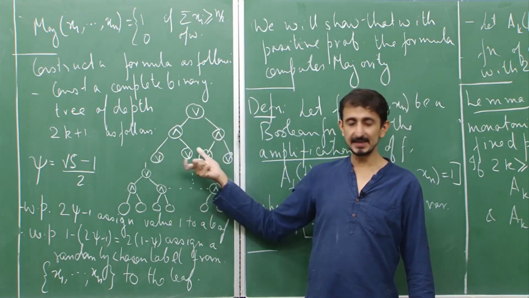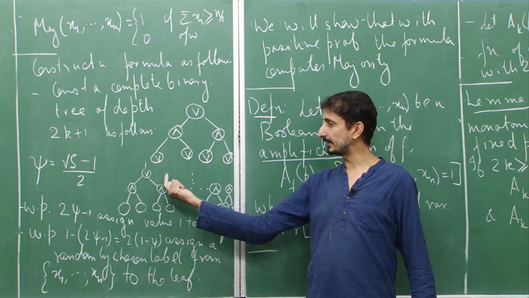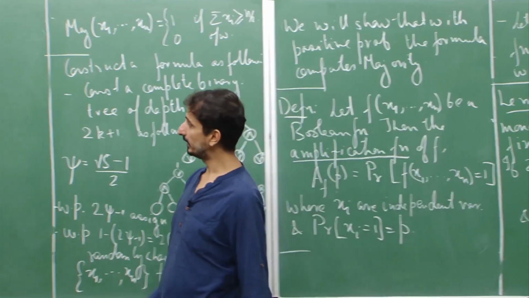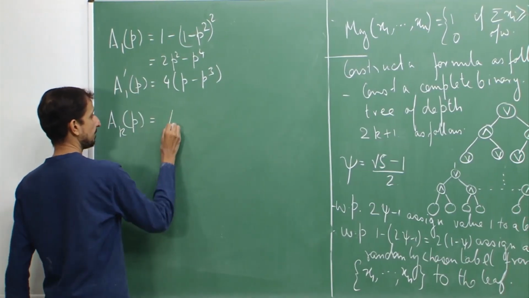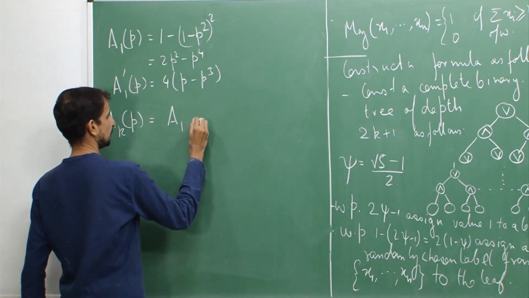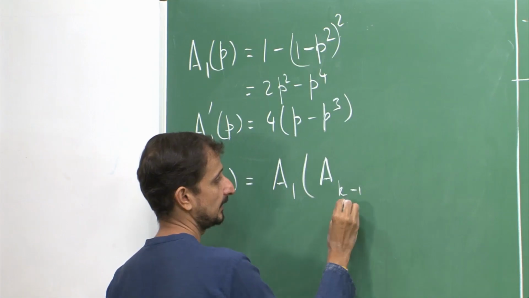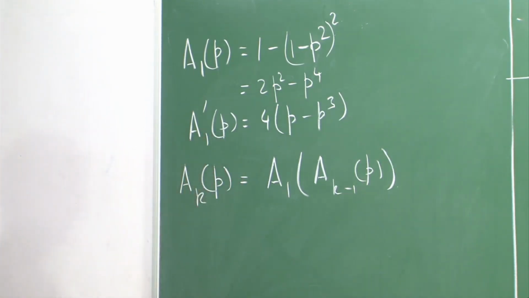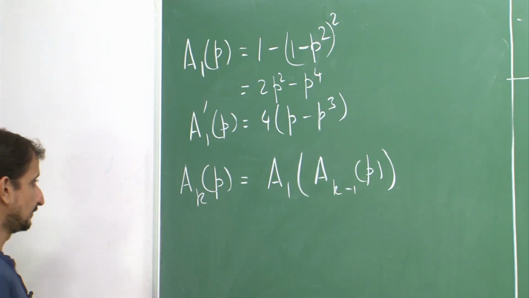It will happen in the same way, because instead of p, now I will have A1(p) that I am taking for those 4 nodes, and the same way I compute A2(p). So, in general Ak(p) will be A1 of the quantity A(k minus 1)(p). So, this can be defined recursively in terms of A(k minus 1).